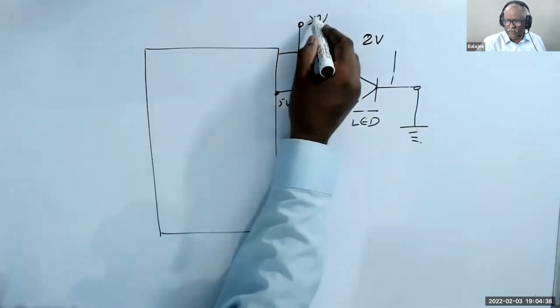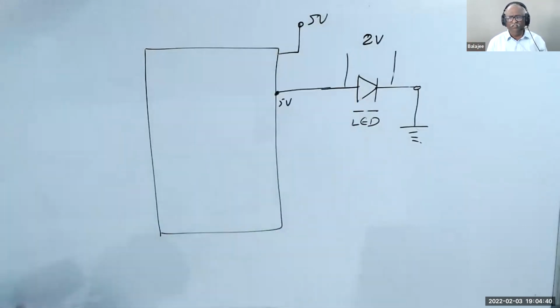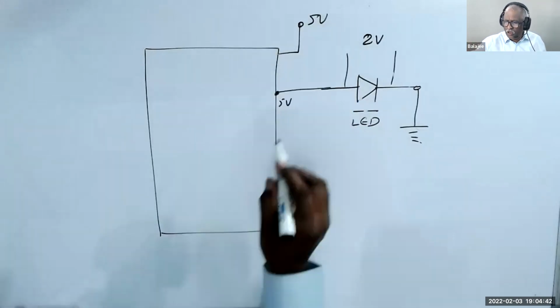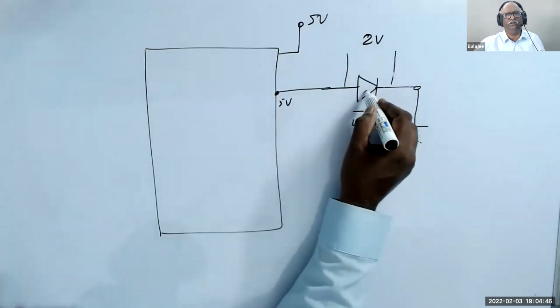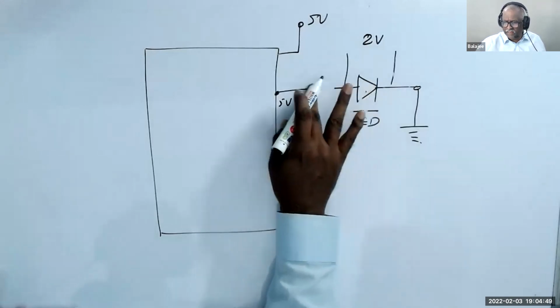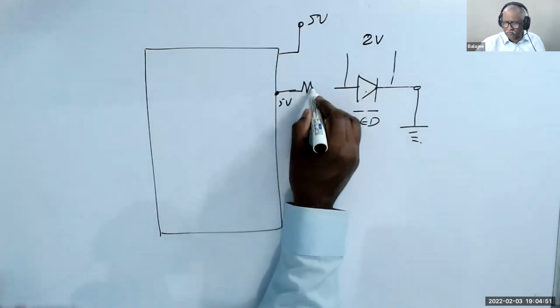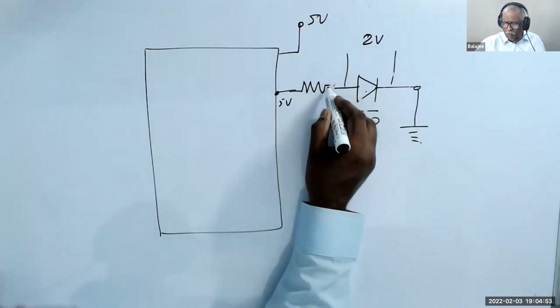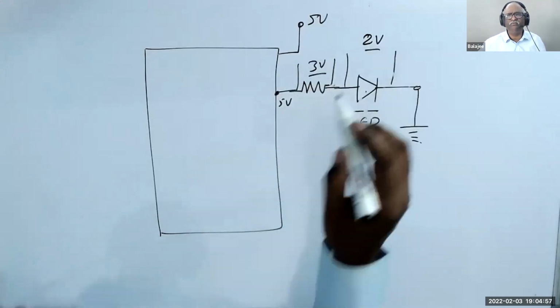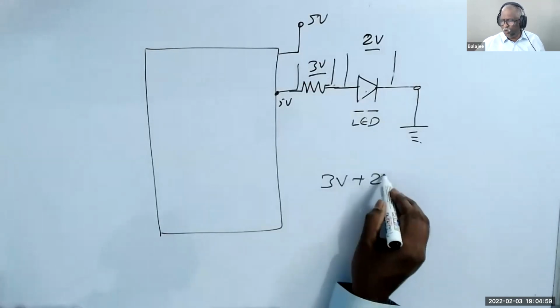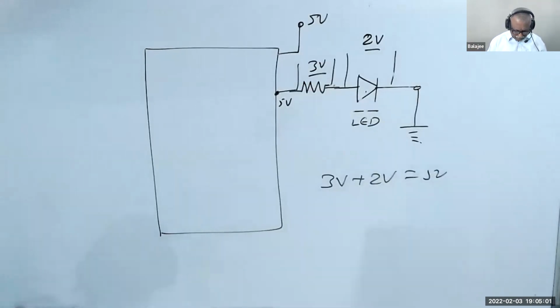It's a standard, generally worldwide they use this 5 volt. So this is 5 volt, this is 2 volt, and that will spoil the LED. So we add a resistor. The resistor will drop 3 volts. So 3 volt plus 2 volt is equal to 5 volt. Am I right?